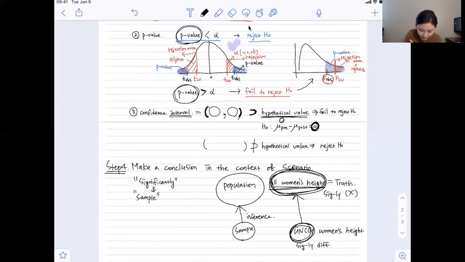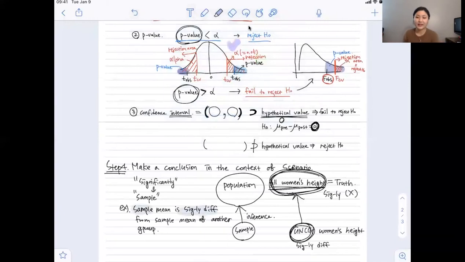For example, sample mean is significantly different from the sample mean of another group. When I use significantly, I always write sample. However, when I make a conclusion about the population level, I do not write significantly.